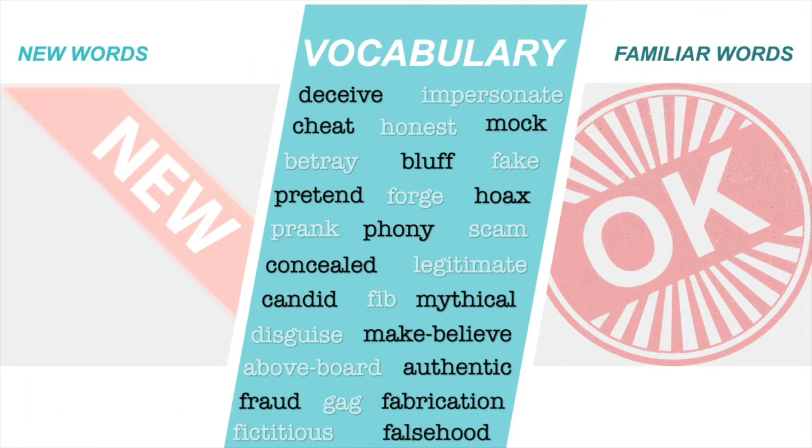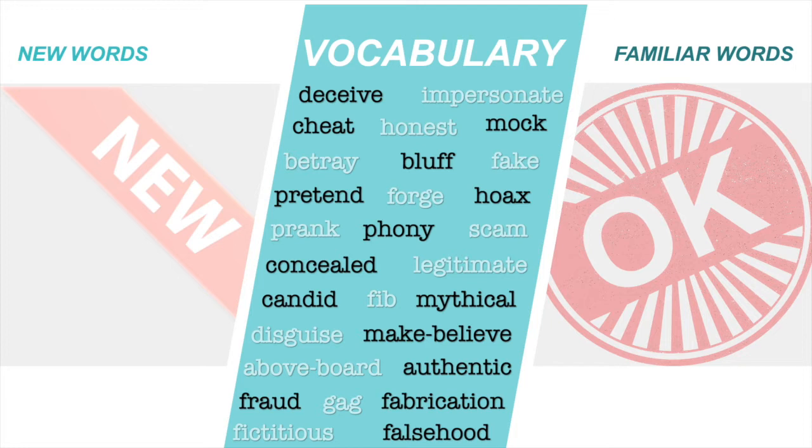Now we're going to concentrate on the vocabulary that we need for the activities we're going to develop in this video lesson. So first of all, I have included here all the words that are connected to the word lie that appear in the activities.